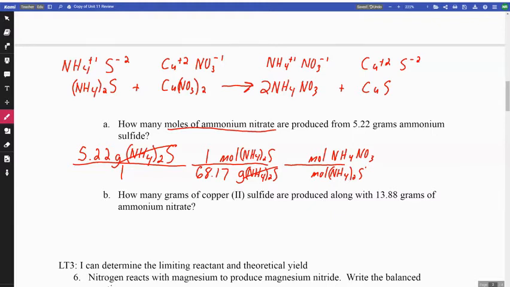So NH4 to S, the coefficient is a 1. NH4NO3, the coefficient is a 2. Moles of that cancels out. We're left with moles of NH4NO3, which is where we want to be. So no more conversion factors. So now we just do our math. We multiply all our top numbers together, multiply all our bottom numbers together, we divide, and we get 0.15 moles of NH4NO3.